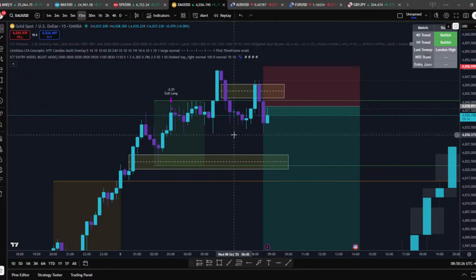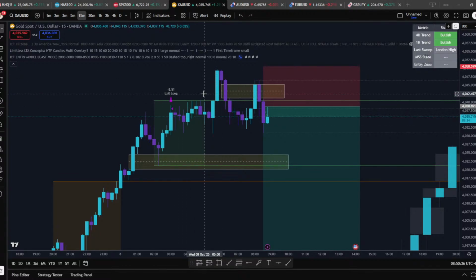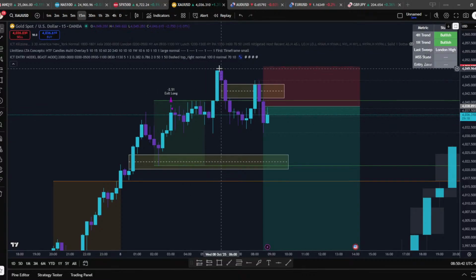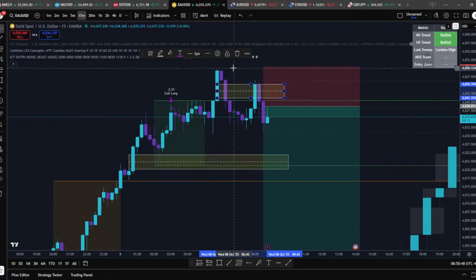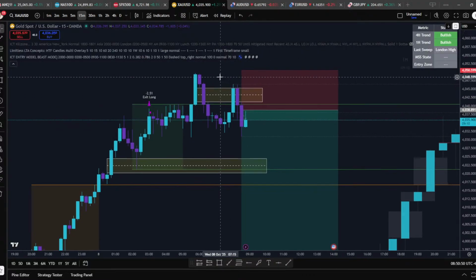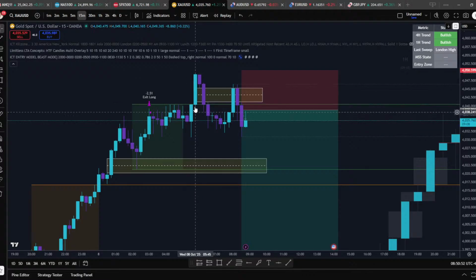The positive things on the 15 minutes is that we have accumulation, we have manipulation up to take all these stop losses above that we're anticipating shorts. So it swept all of it. It left a fair value gap on the way up, right? And it came down, it inversed once over there.